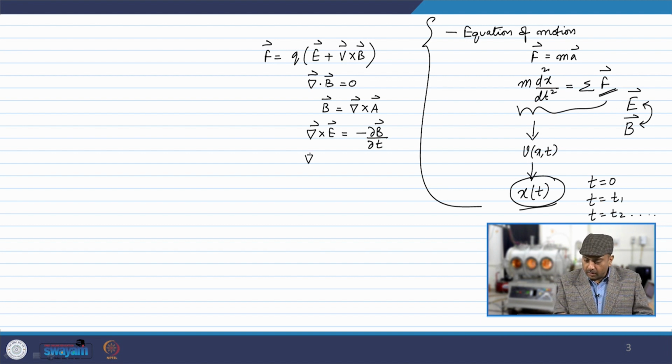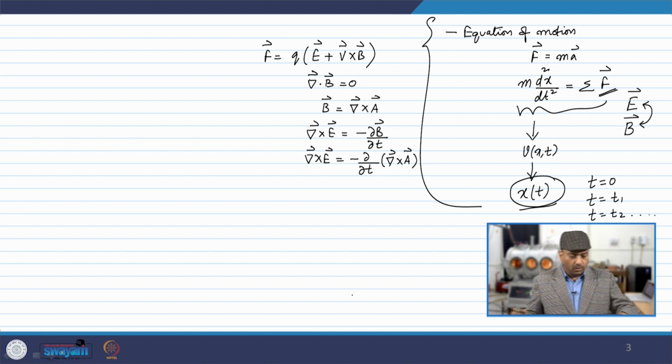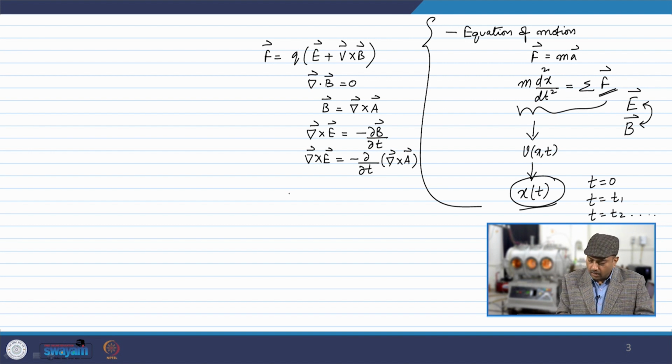So, we can write del cross E is equal to minus ∂/∂t of del cross A. So, we can write del cross (E + ∂A/∂t) is equal to 0.